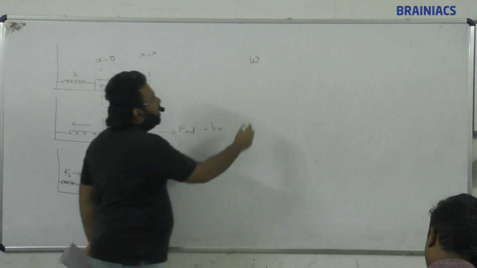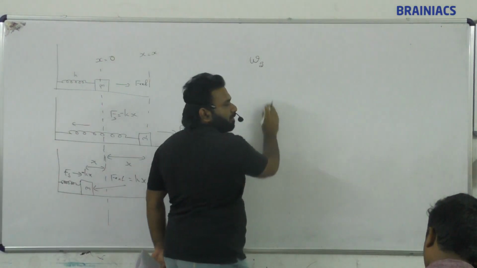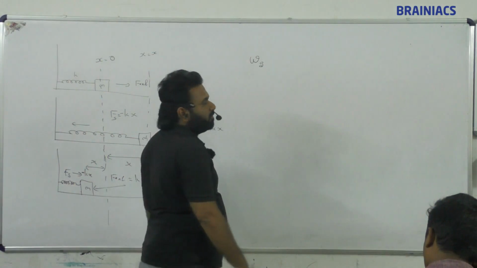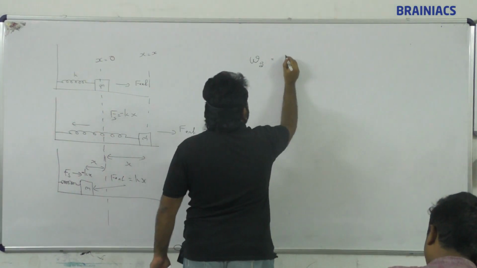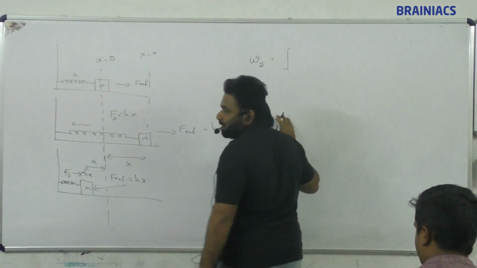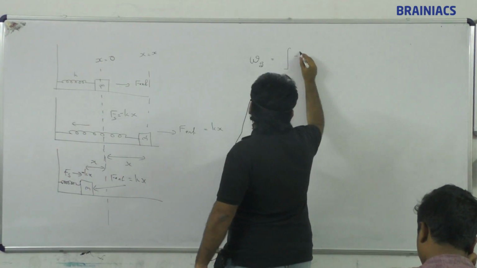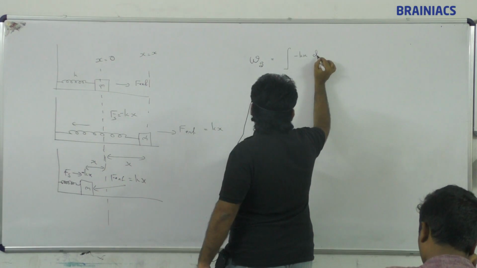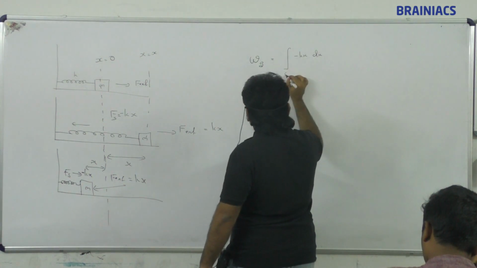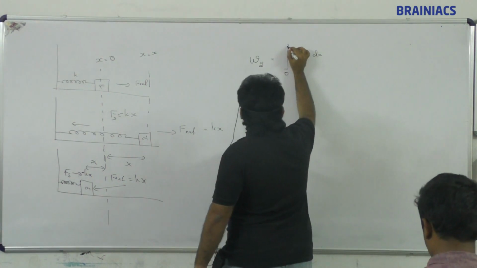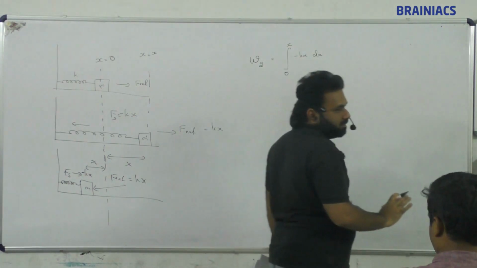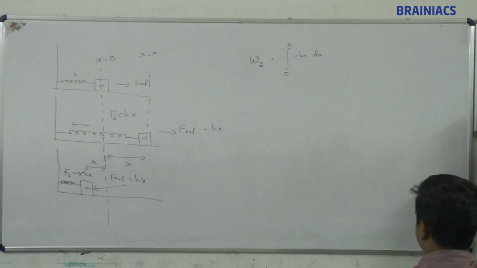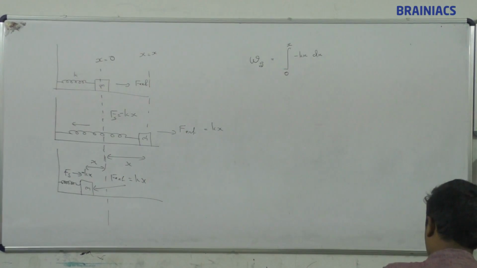Now, work done by spring force. This is a variable force, correct? So I am putting minus kx here, minus kx into dx, from 0 to x. Correct or what?